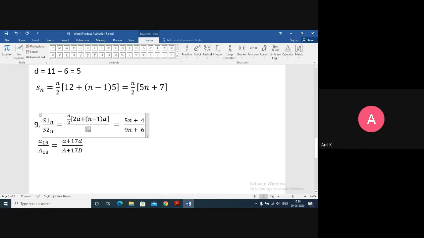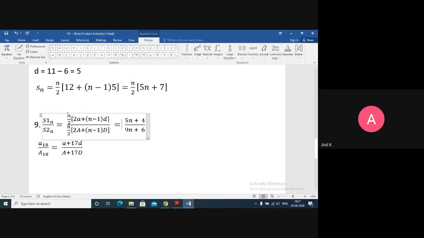That is the SN formula of the first AP. Then I'll go for the SN formula of the second AP. N by 2, I am taking n the same because I am taking n terms from both the APs. Now here I'll get 2 capital A plus n minus 1 into capital D. This is what I get here.